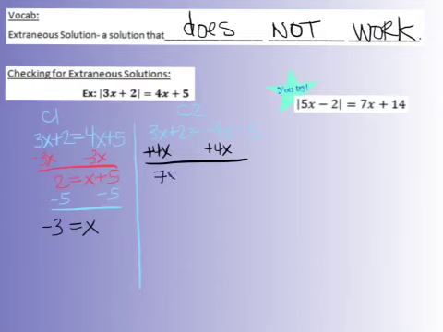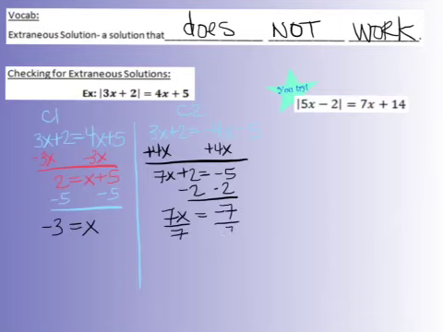I get 7x plus 2 is equal to negative 5. I'll subtract 2 from each side, and I'll get 7x is equal to negative 7. And when I divide by 7, I end up with x is equal to negative 1. Alright, so I found 2 answers, but now I have to check to see if they both actually work.